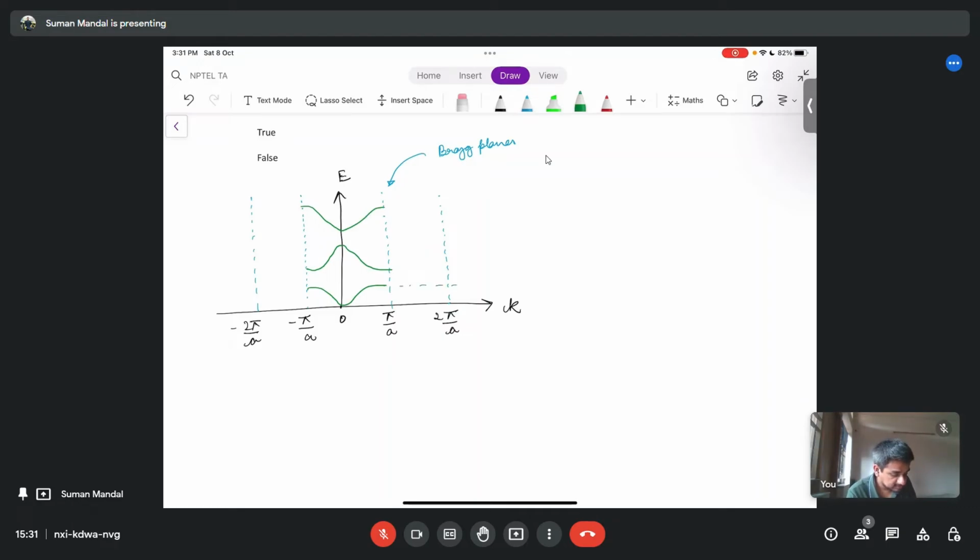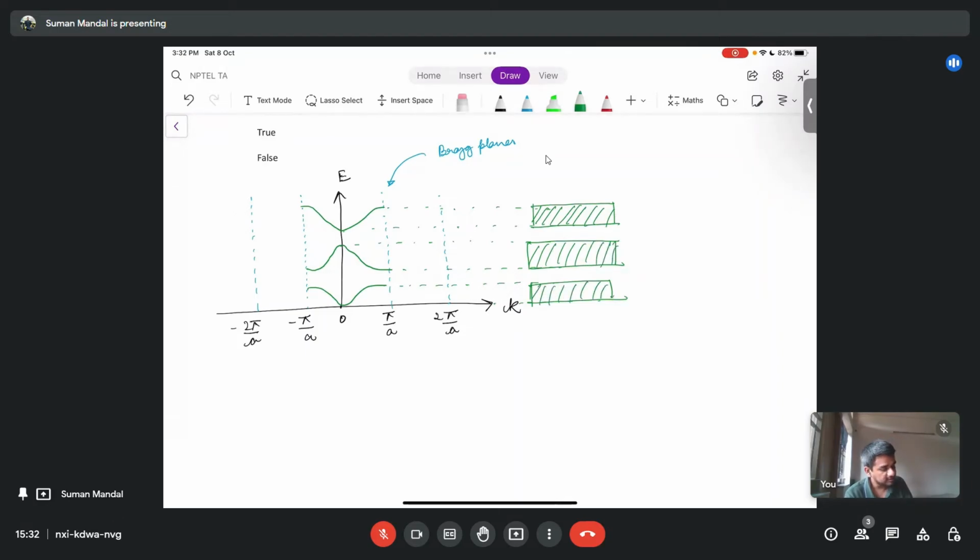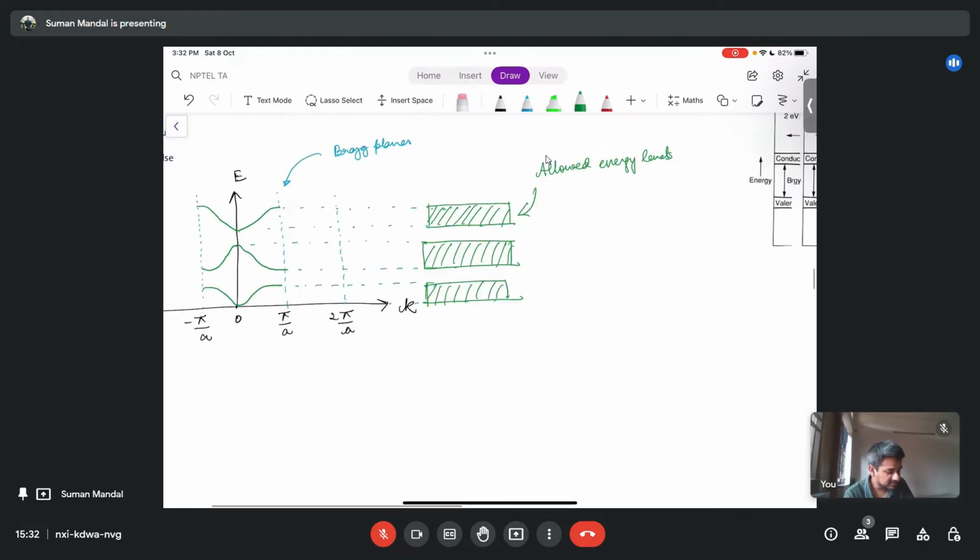So we said these are the allowed energy levels, or actually, there are bands.